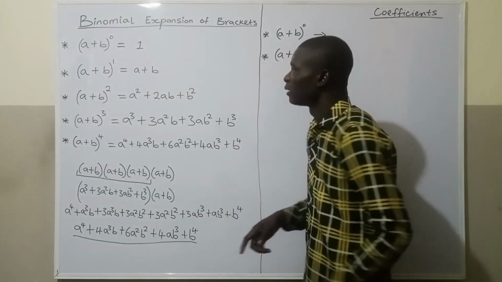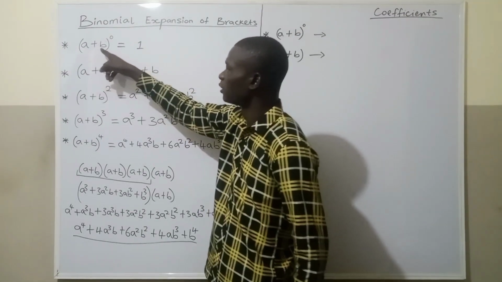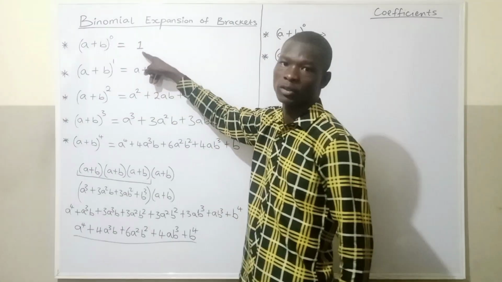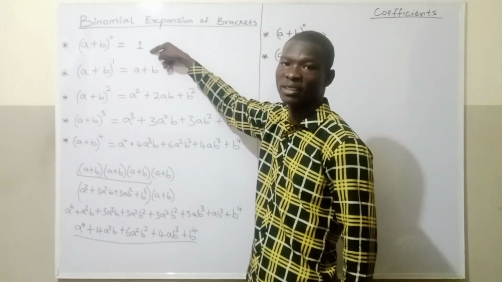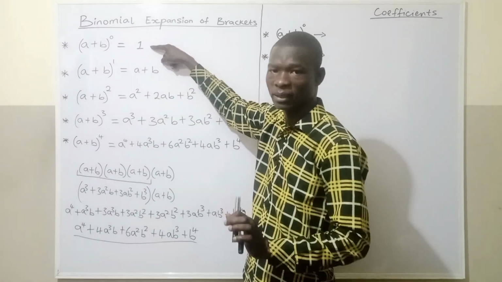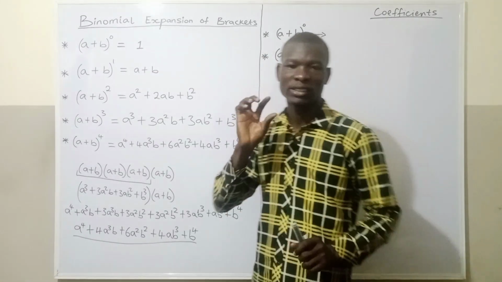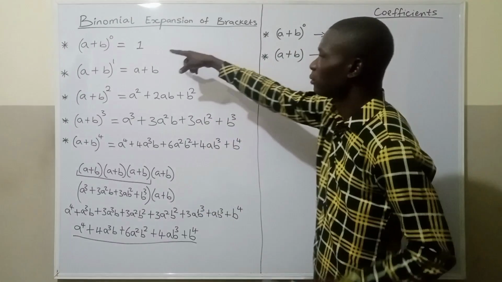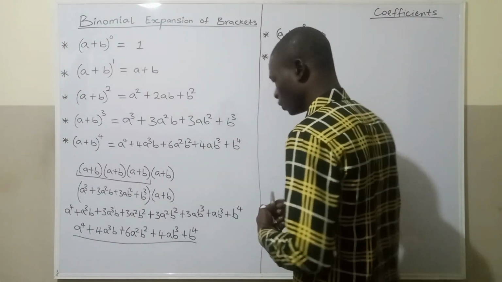So let's see. Now, the first one is A plus B, and when both of them were raised to power 0, of course, we only have 1. We can see that there is no letter beside this one. When you have a number standing on its own without any letter beside it, such a number is called constant. So, A plus B raised to power 0 is 1.